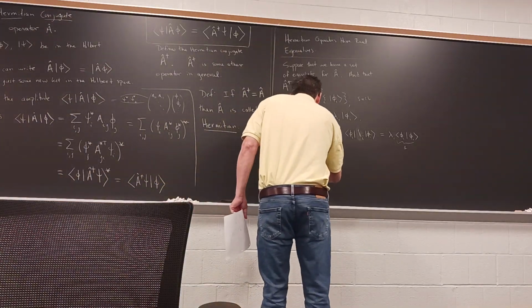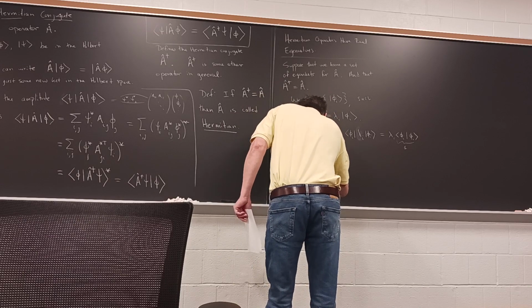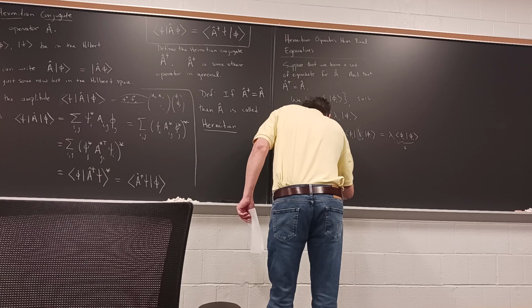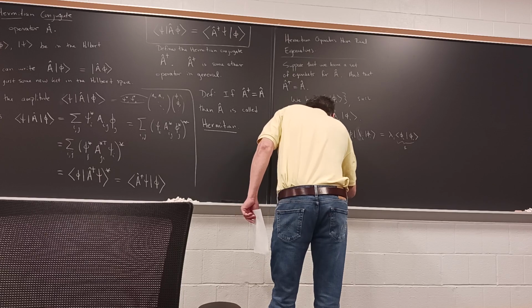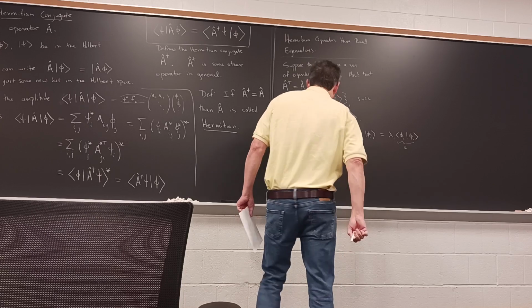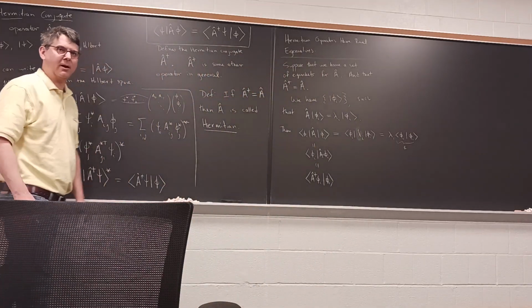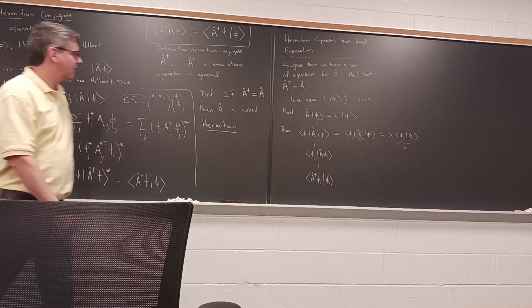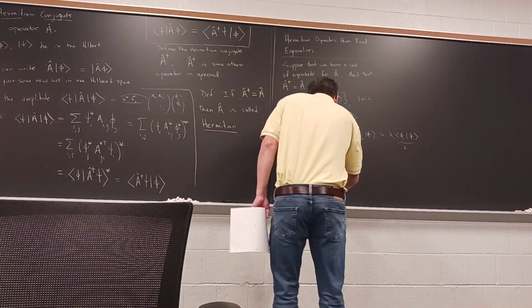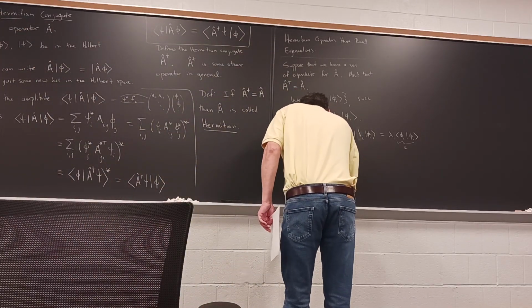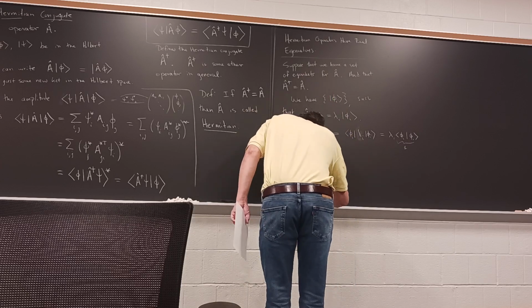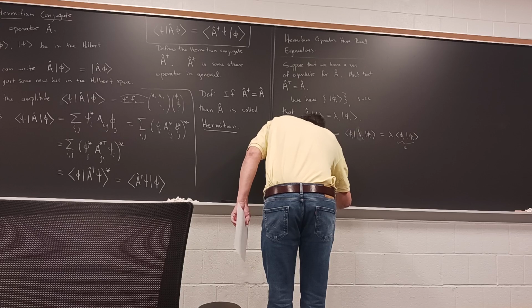And this is equal to A hat dagger phi I phi I, by definition of the Hermitian conjugate. But A dagger is equal to A, so this is just A phi I.